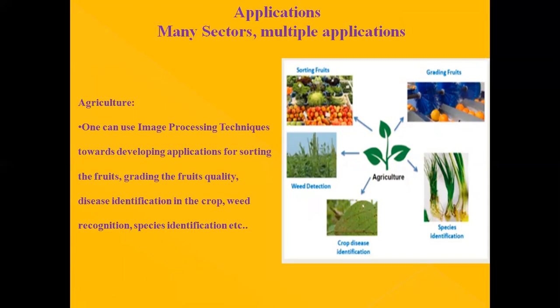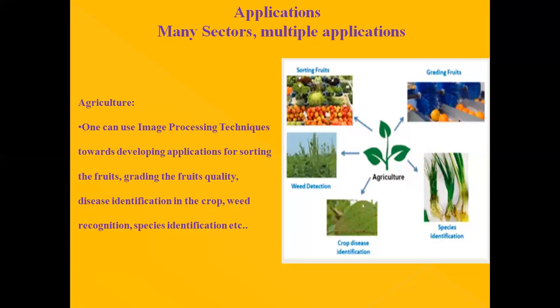There are multiple applications across multiple sectors. We'll see some of the most important areas of image processing. The first application area that I'm going to discuss is agriculture. Image processing has seen enormous applications in this sector. The image processing techniques can be used for sorting fruits and vegetables, and grading their quality based on various aspects.